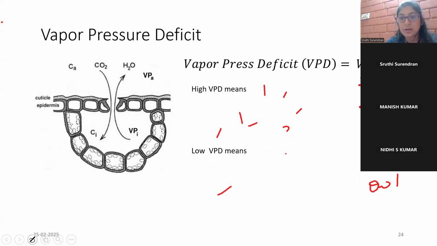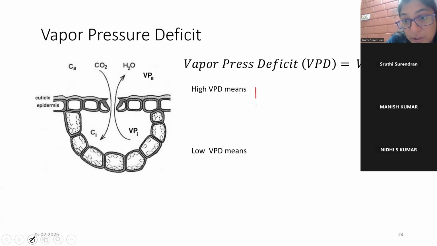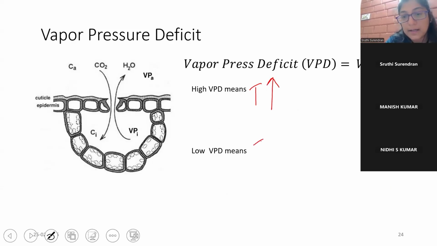From this vapor pressure deficit, we can say that at high VPD, the transpiration is going to increase. T will be high, and at low VPD, T will be low.